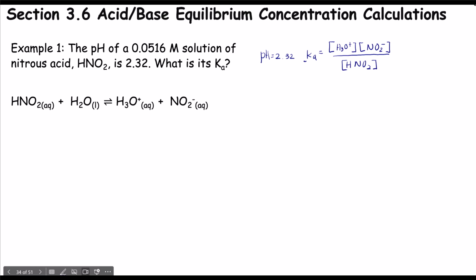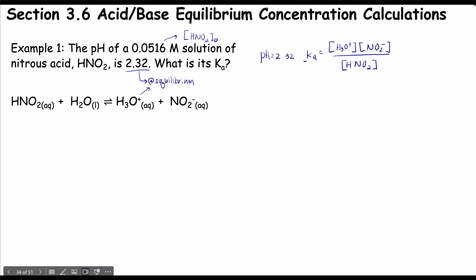The pH portion really represents equilibrium, because you know that the hydronium ion has been formed at equilibrium. Whereas this portion is the initial concentration of the HNO2, the initial, okay?